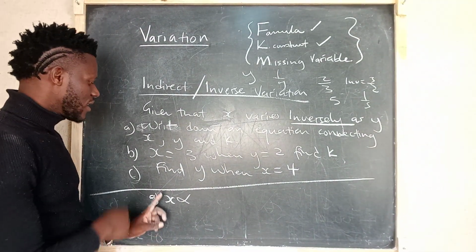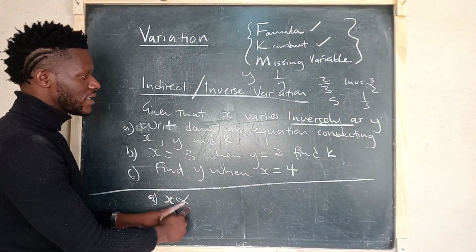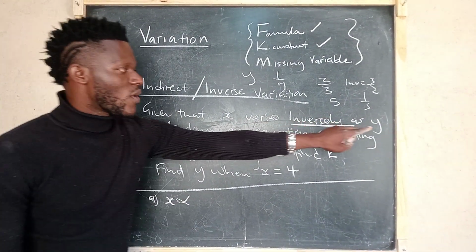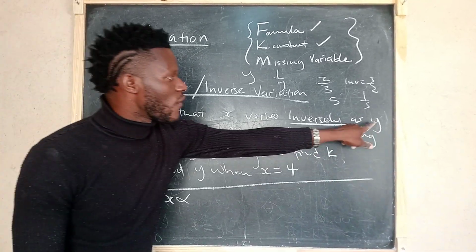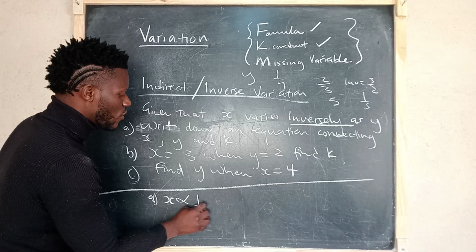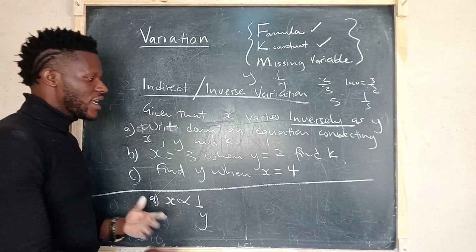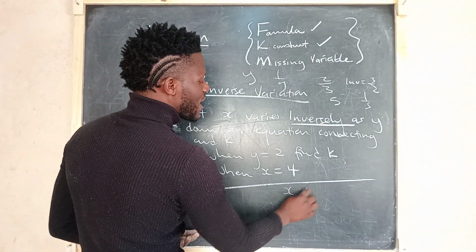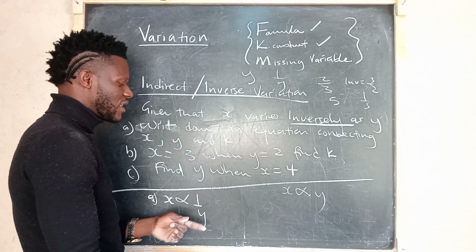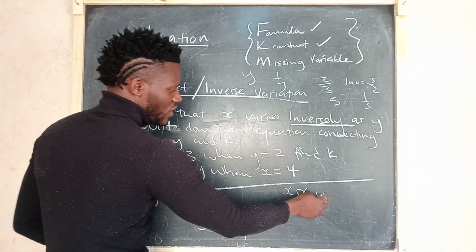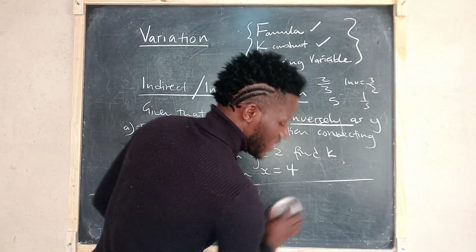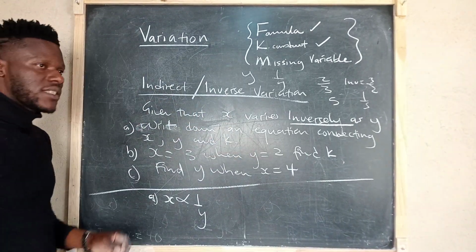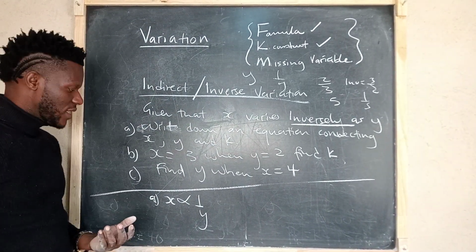So the formula is, given that x varies inversely as y, meaning y is going to be the inverse. Instead of y, it becomes 1 over y. This is the difference. In direct variation, we were saying x varies as y. But if they say inversely, this one will be inverted, so it becomes 1 over y. That's inverse variation. Still, we need to introduce constant k.